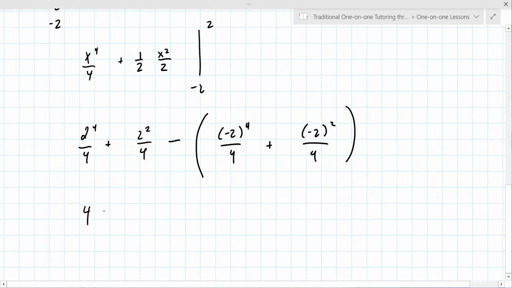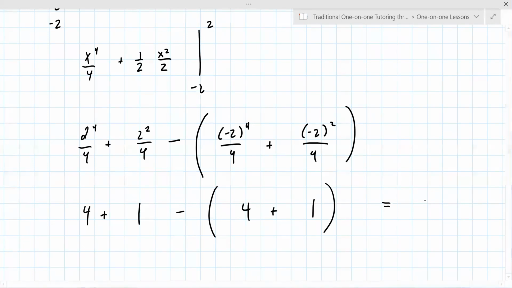So that's 4 plus 4 over 2, which is 2 times 1/2, 1, minus 16 over 4, so -4 plus 1, and that's 0.